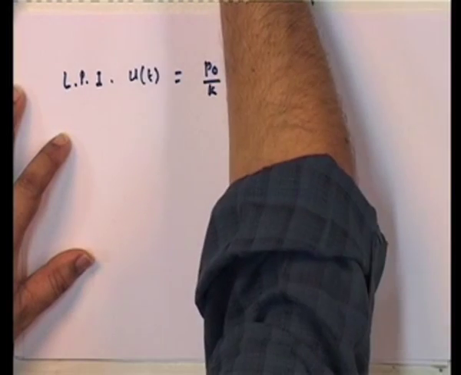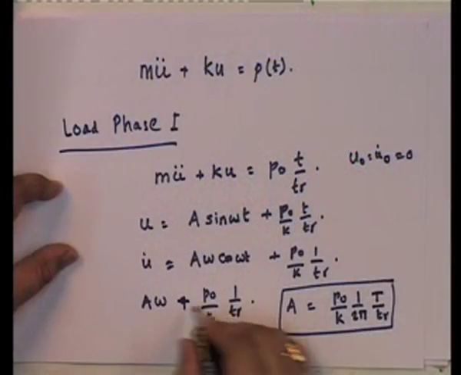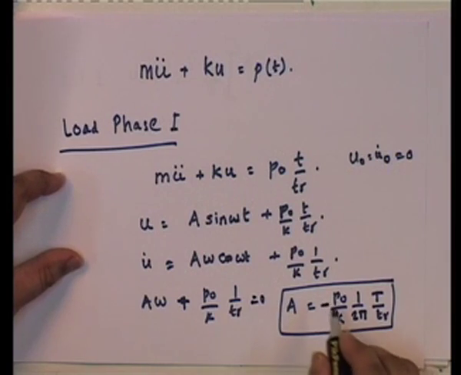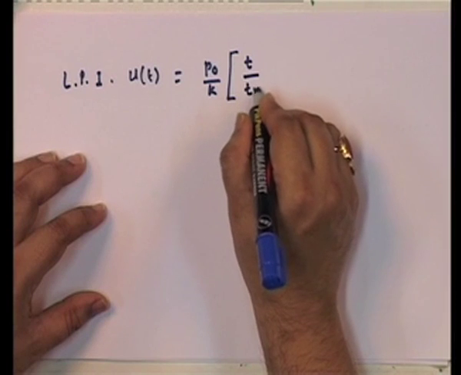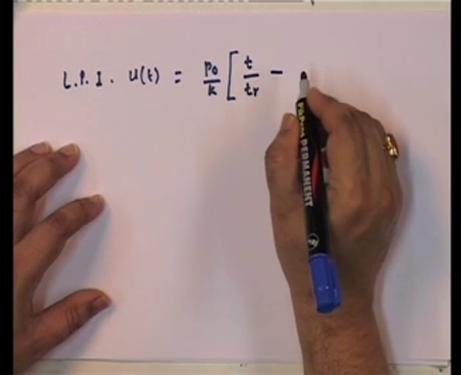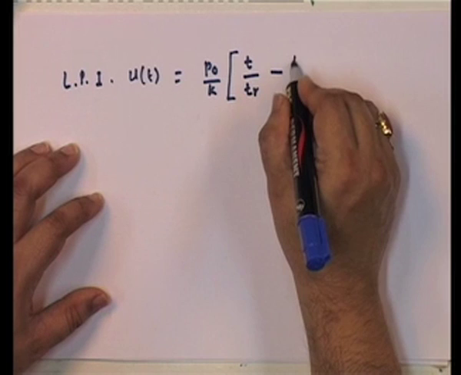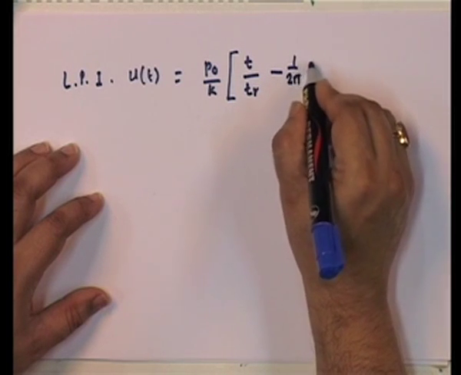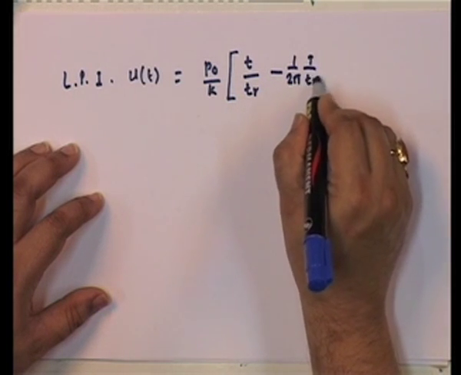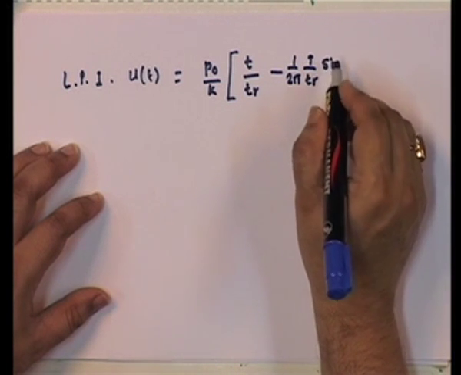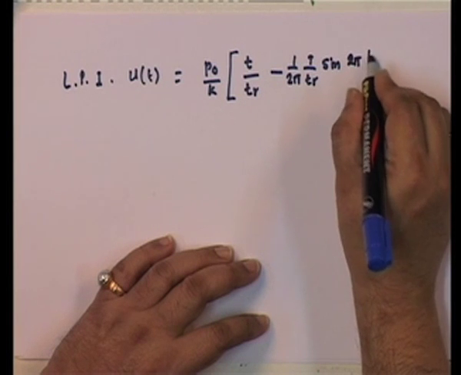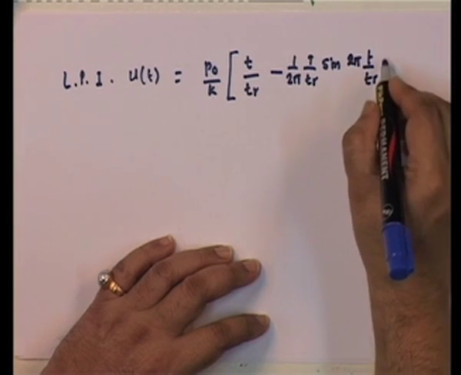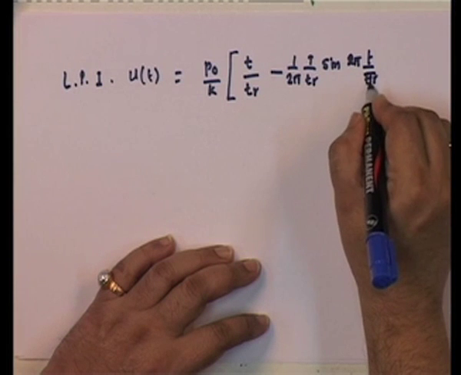I am sorry, I have made a mistake. This plus this is equal to 0. So, this becomes minus. So, this becomes P naught upon k times t upon T r minus 1 upon 2 pi times T upon T r sin 2 pi t upon T. Sorry, t upon T.